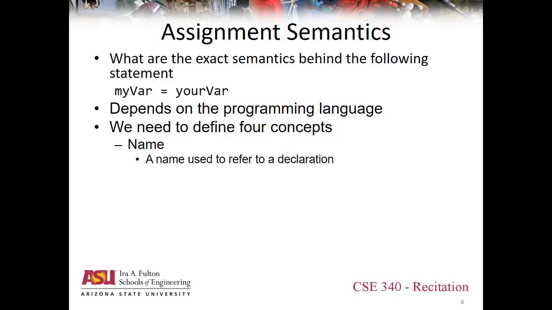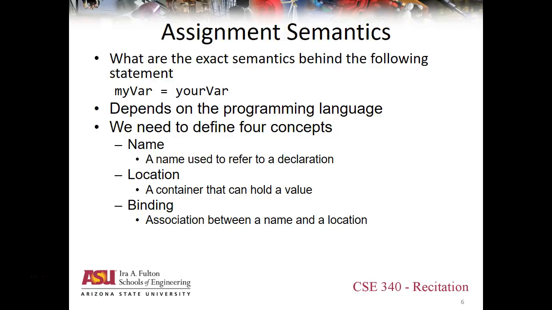Then you have a location that can hold it, and between the variable name and the location, abstractly, you have this binding so that the variable is linked to an address, and the address is what the computer really cares about. The name of the variable is more for us to follow it through code and understand what's going on. And then finally, you have a value associated with it.